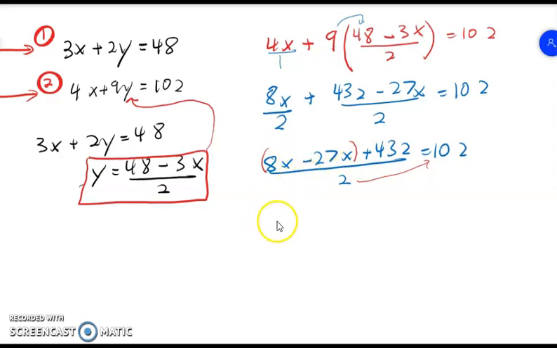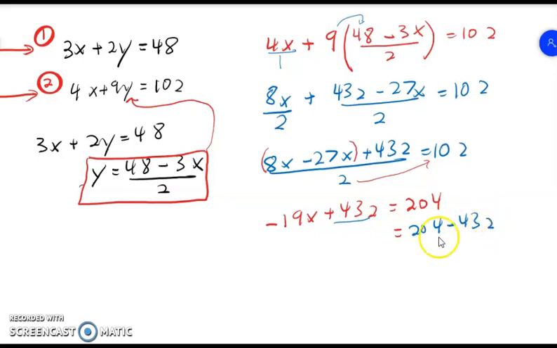So you will get your answer as negative 19x plus 432. Okay, 2 multiply with 102, you have it 204. Okay, and then for this 432 will be moved there and it becomes minus 432 divided by negative 19.